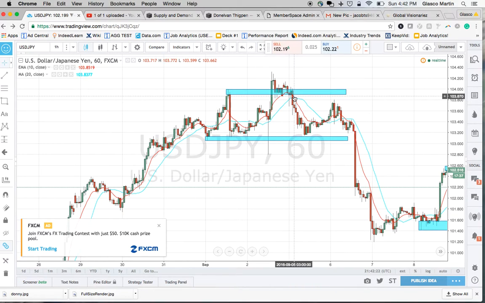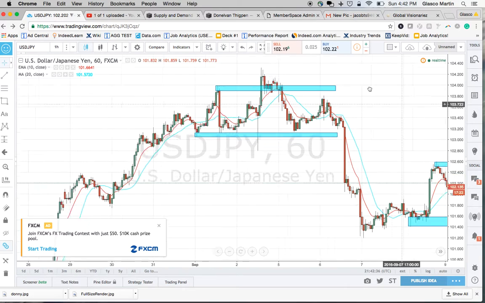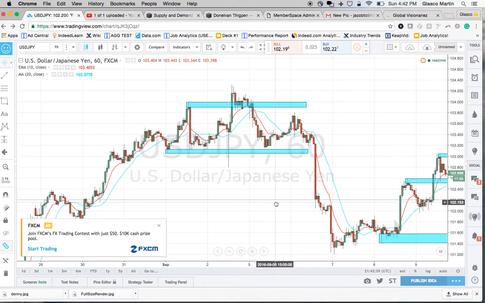Then you would have waited for the market to respect it, and then for the next candle, and you could have sold right there and caught about 60 pips. So again, the supply zone will be the roof, and the demand zone will be the floor or the bottom.